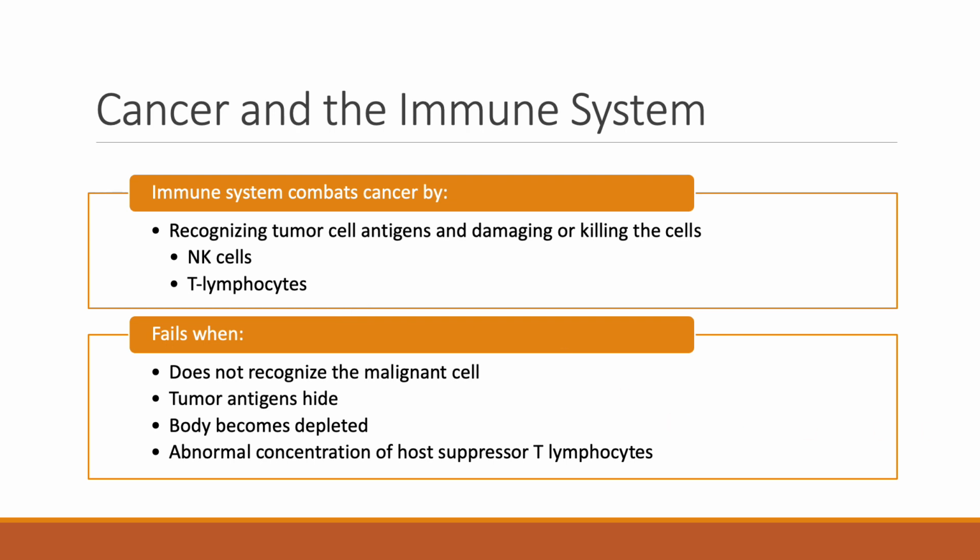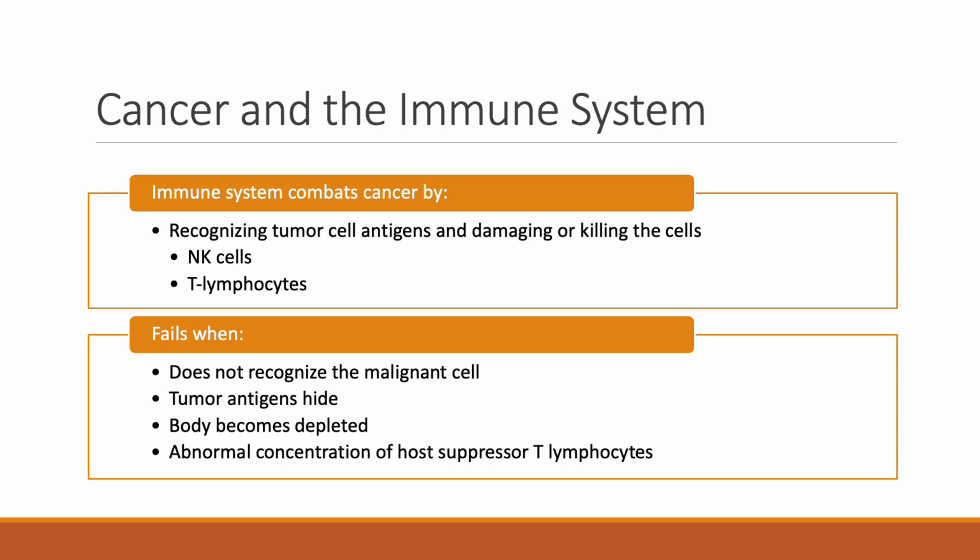The tumor antigens can also hide. I don't know if you remember, we talked about macrophages, and that sometimes they're supposed to basically eat up the tumor antigen, but sometimes it can hide from them, and so it can continue to grow and multiply within a cell that's supposed to be killing it.